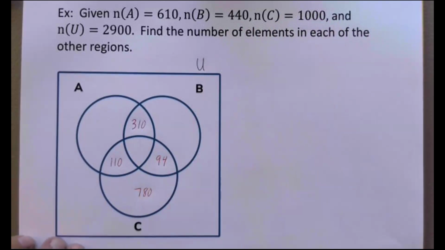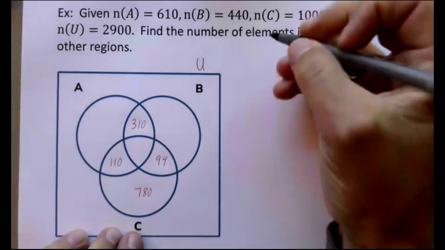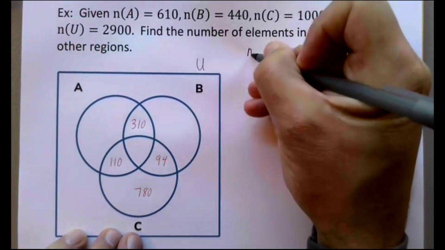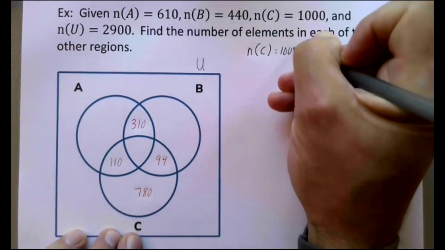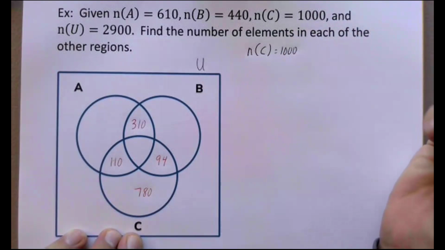And I think we should start with that one. Notice the C circle is the one that's almost done. The C circle has 3 of its 4 parts, right? 1, 2, 3, 4. We're just missing that middle part. So I think we should do the C circle first, right? I think we should take the fact that there are 1,000 elements in the C circle.